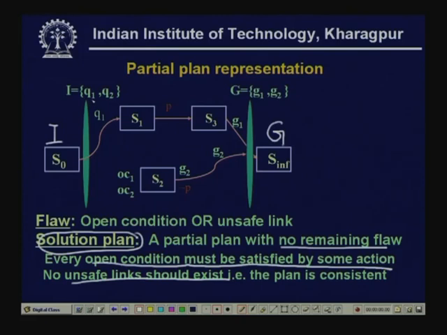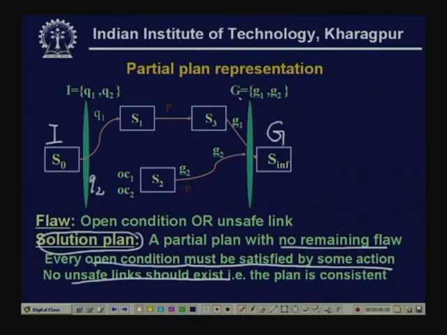So, if in the problem the initial state is Q1, Q2 and the goal desired to be achieved is G1, G2, then we will have an initial state S0 whose effects will be Q1 and Q2. And S-inf is the goal state, and this goal state has a set of preconditions.